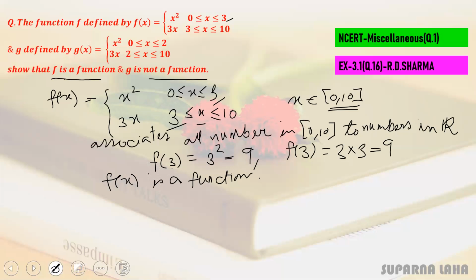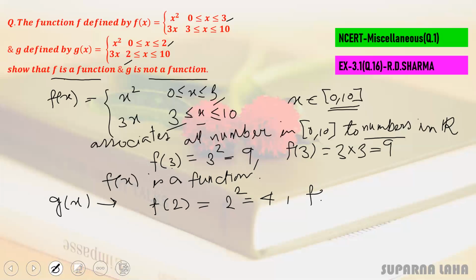Now look at that. Same case happened for g of x. This associates all the numbers from 0 to 10 with numbers present in the set of real numbers. But for this number, 2 cases, look here, 2 is present in the first interval and the second interval also. So for the first case, g of 2 is 2 square, that is 4.